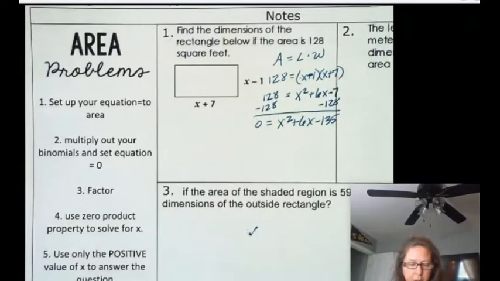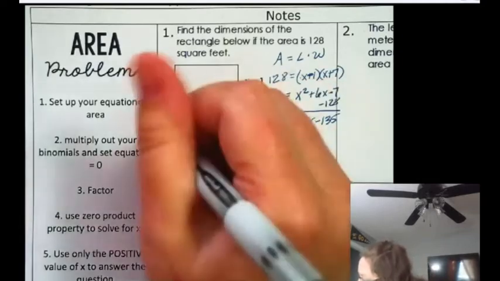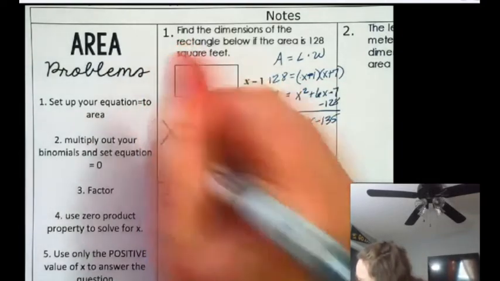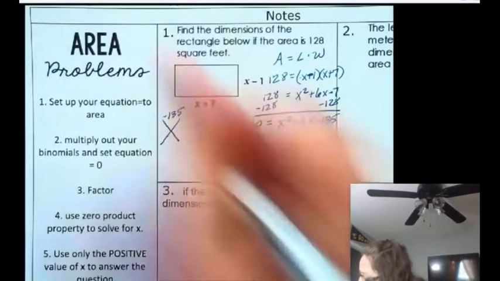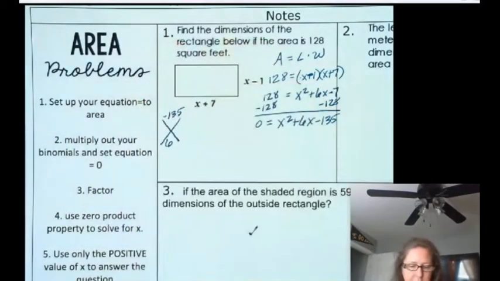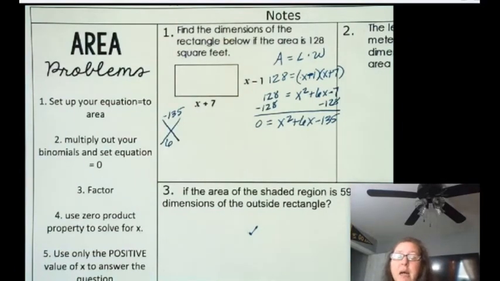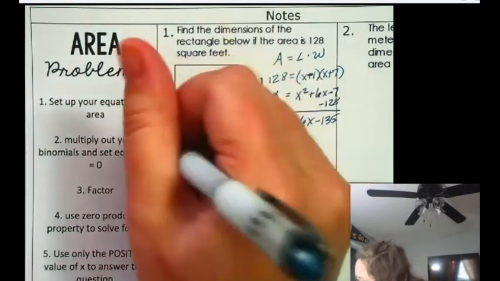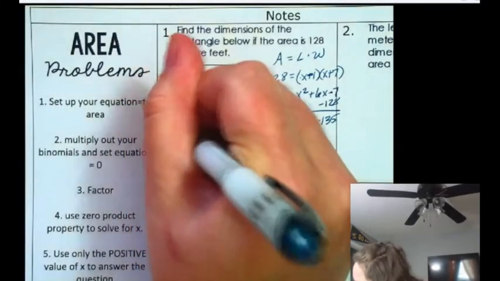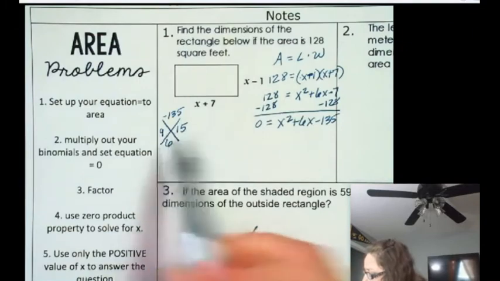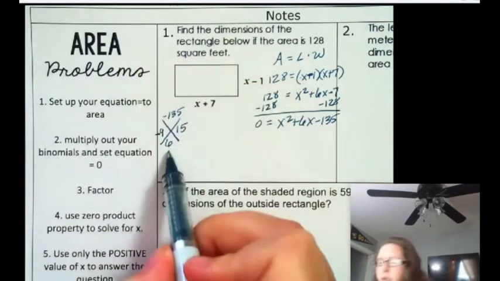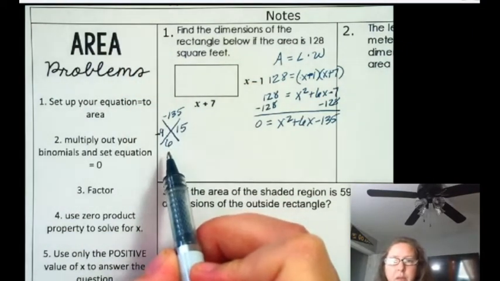Okay, now I am ready to factor this out. So let me just put my x puzzle out of the way over here. Negative 135 and 6. So if I do 15 times 9, I will get to 135. But I need to subtract the 9 to combine them to get this positive 6, okay?